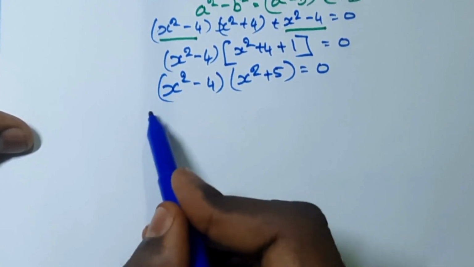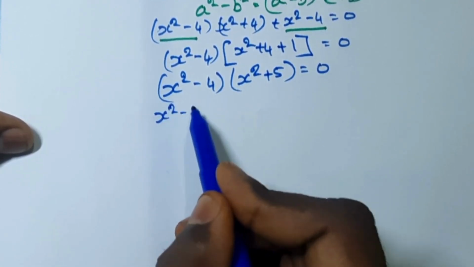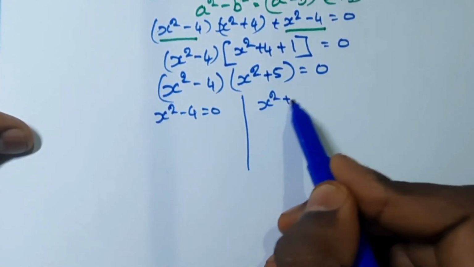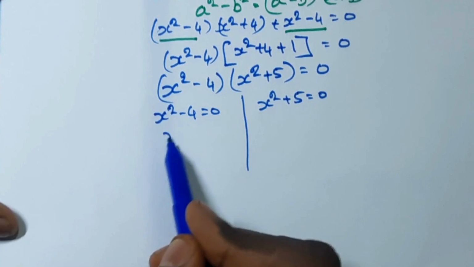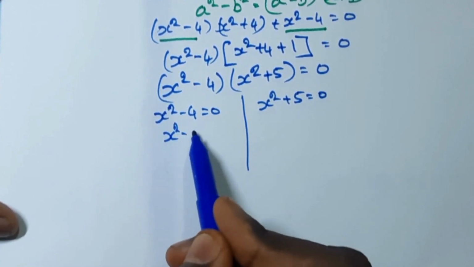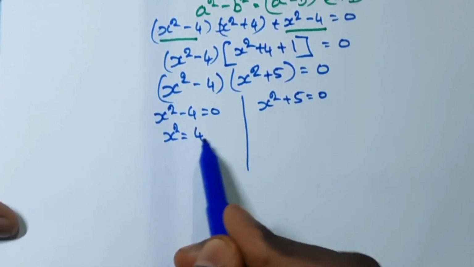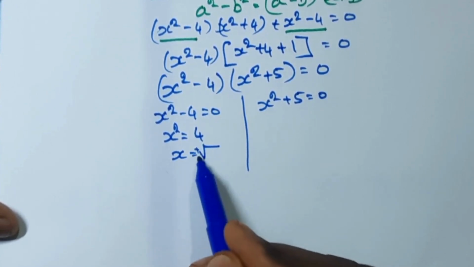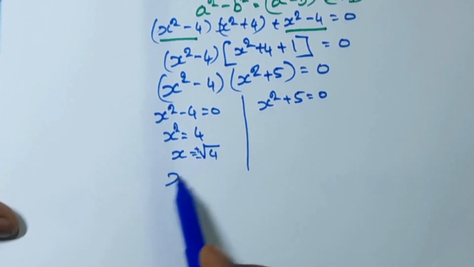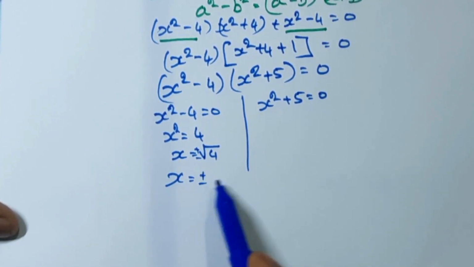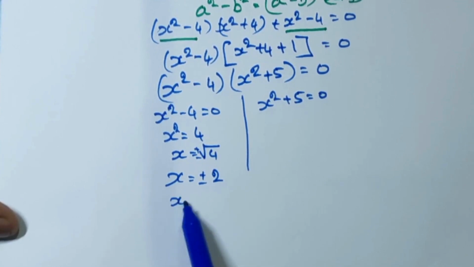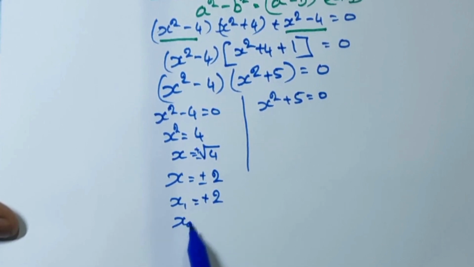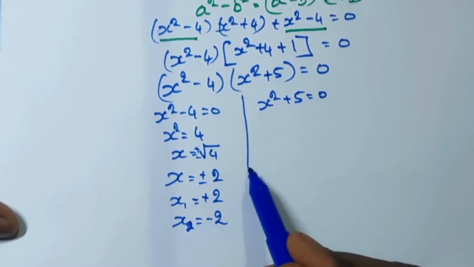Now we have two equations: x square minus 4 equal to 0, and x square plus 5 equal to 0. x square equal to 4, x equal to plus or minus square root of 4, x equal to plus or minus 2, x1 equal to plus 2, x2 equal to minus 2.